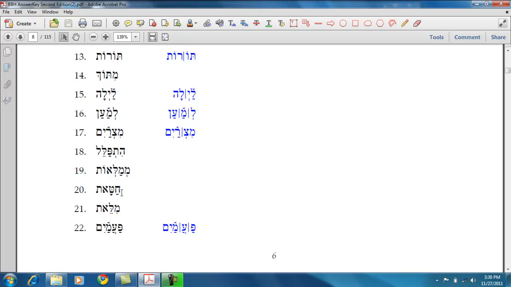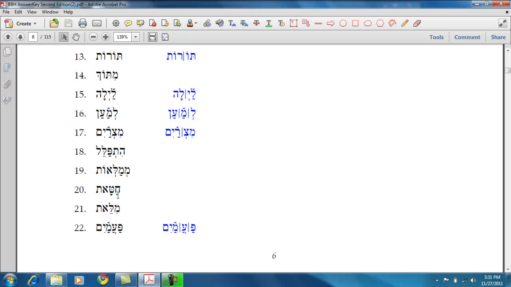Okay, number 20 is chatat. You have the chet and the patak and the dagesh forte in that tet. You know it's a dagesh forte because it's a non-begadkefat letter, so it's got to be dagesh forte.